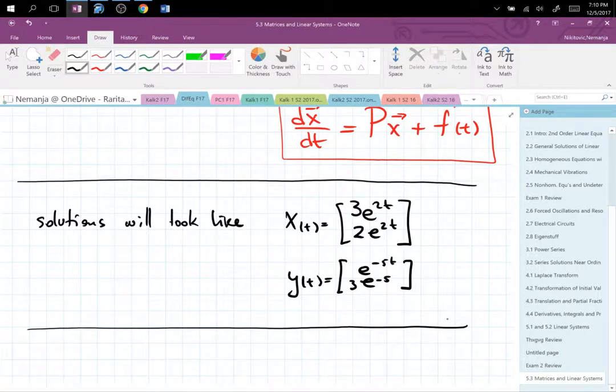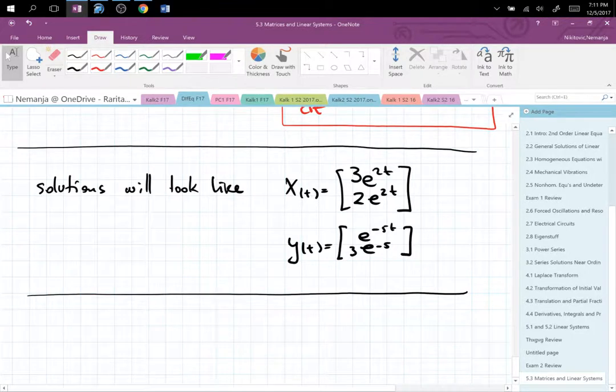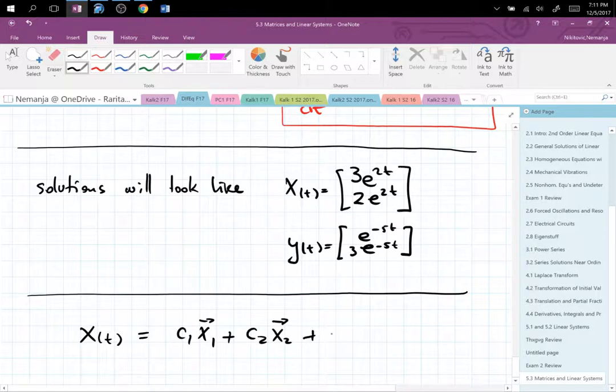Now we also have the superposition rule. The principle of superposition allows us to add. So if I have the overall solution x of t, I can add as many of these: c1 x1, which is a vector, plus c2 x2 as a vector, plus c3 x3 as a vector, plus, and I can add as many of these as I need to.